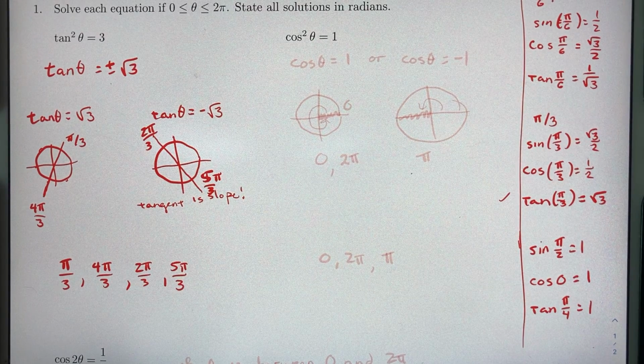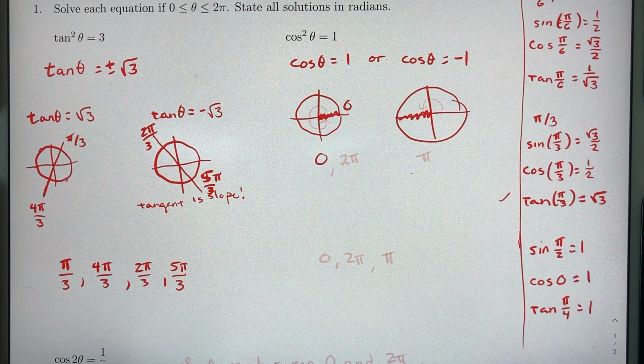Okay, cosine squared equals 1. Cosine is 1, or cosine is negative 1. Okay, well, with these things in mind, it should be easier. Remember, cosine is the x-coordinate. Cosine is 1 at 0, and cosine is negative 1 at 180 degrees, which is pi.